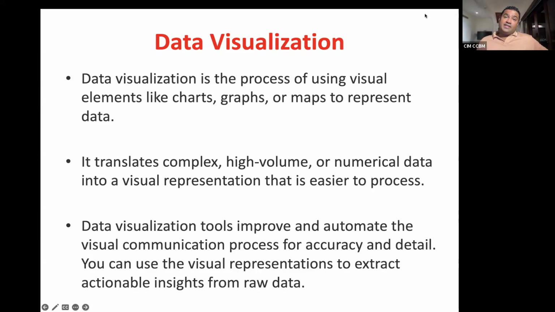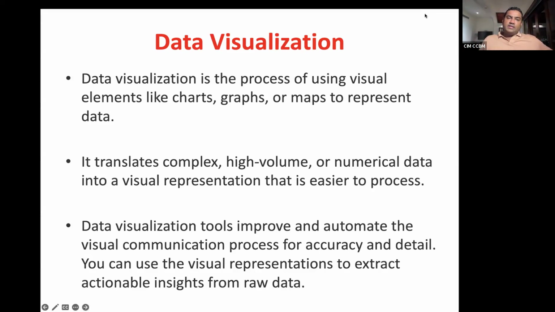Because gone are the days when you have time to sit and manually analyze charts and graphs on an Excel sheet and look at it at the month end. We need to look at real-time data and real-time solutions.